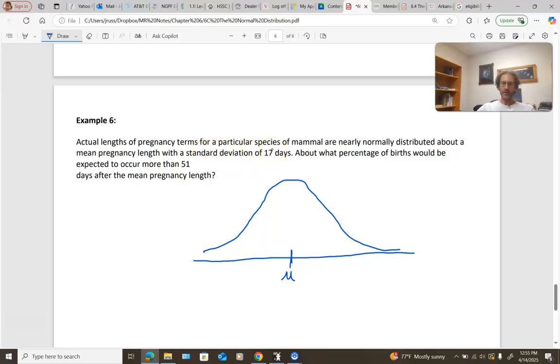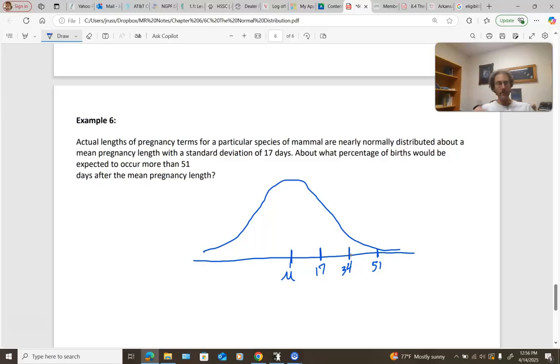So that means one standard deviation in pregnancy length above the mean would be 17 days more than whatever this value is. Okay? And then another 17 would take this to 34. And then another 17 would take us to 3 standard deviations above the mean, and that would be 51.